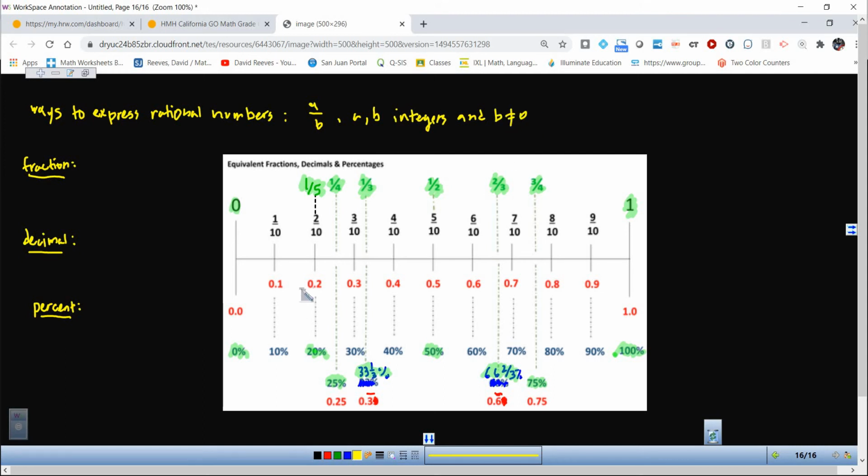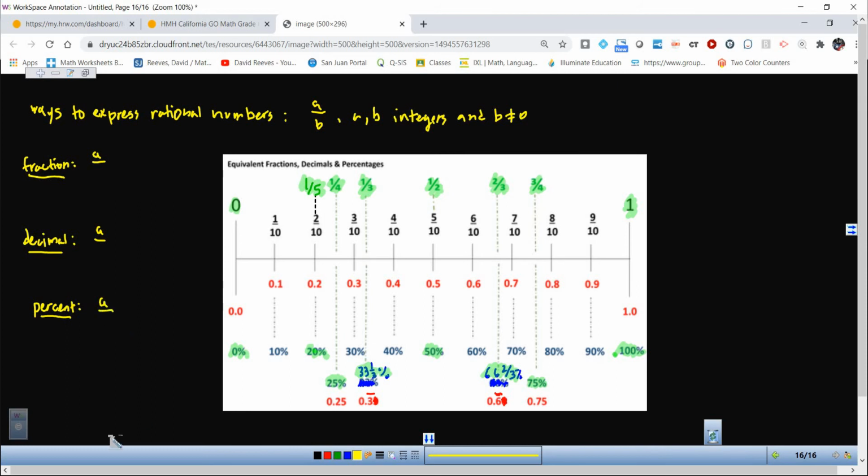So a rational number was a over b, where a and b are integers, and b is not equal to 0. Okay, so when you write a fraction, again, the numerator on all of these is going to be a. What separates them is what our denominator is.